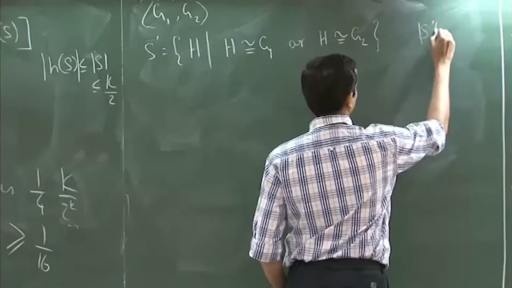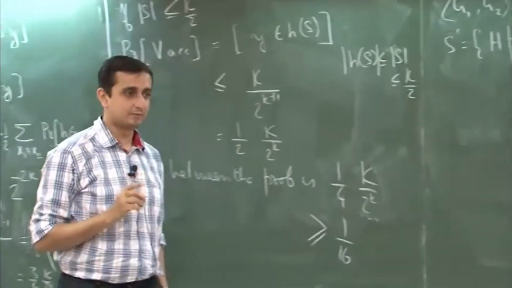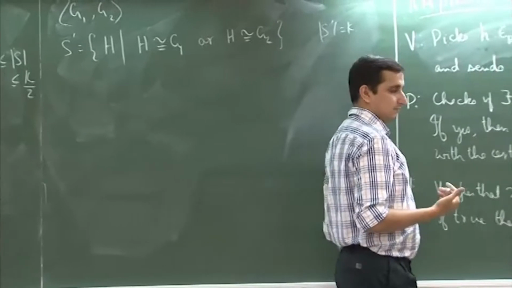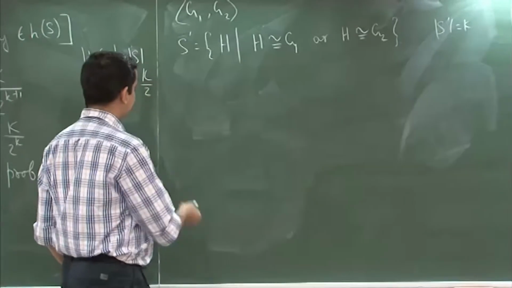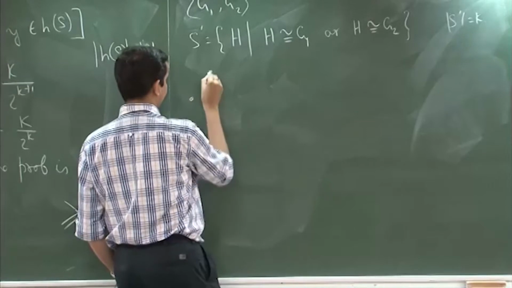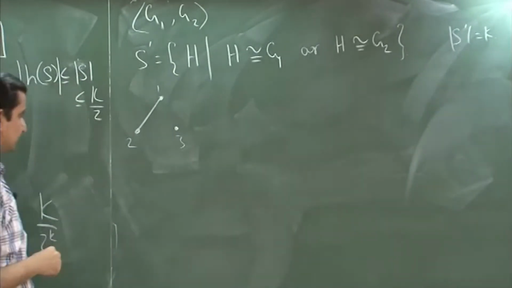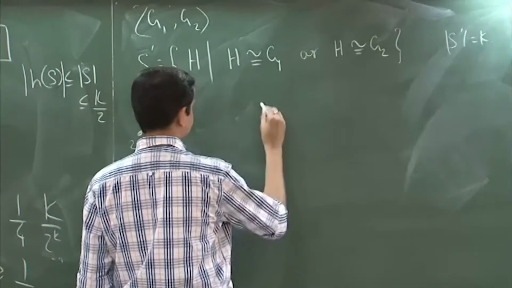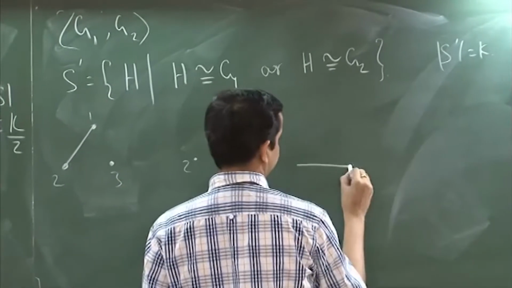No, that is not true actually here. So, that is what we want, that the difference between these two sizes should be a multiplicative factor of 2, but here that does not happen, and the simple reason for that is consider the following example. We have, let us say, the following 3 vertex graph as follows. So, what are the graphs that are isomorphic to this? We have this graph, we have this graph, and we have this graph.